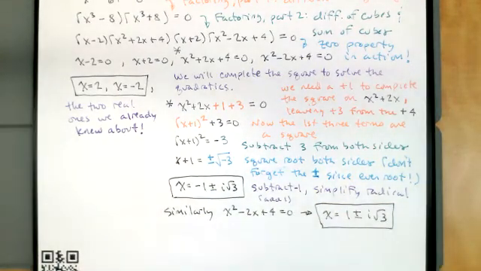And simplify the radical. The square root of a negative makes an i in front of the radical. So here are two of our complex zeros: negative 1 plus i times the square root of 3, and negative 1 minus i times the square root of 3.